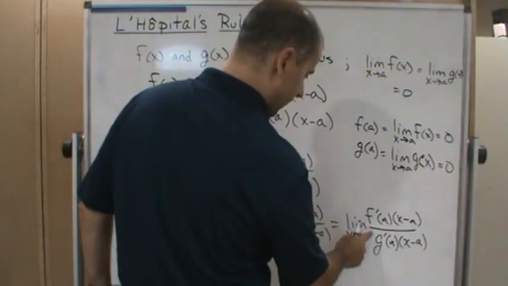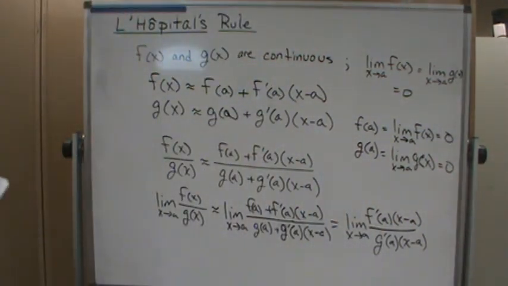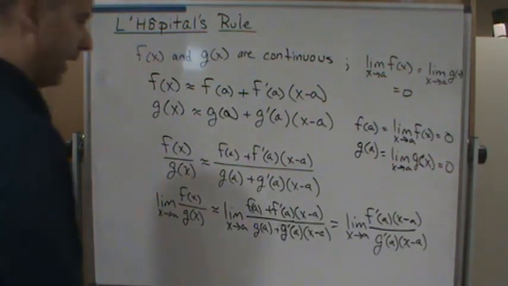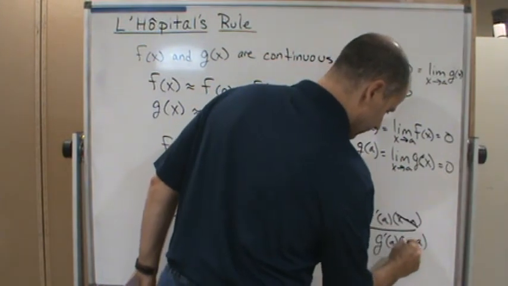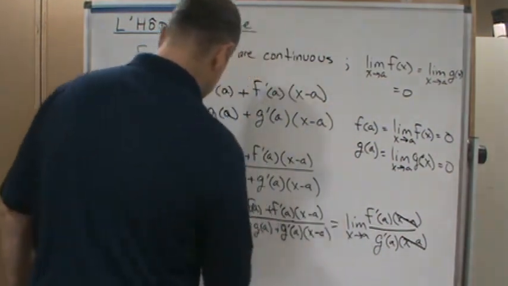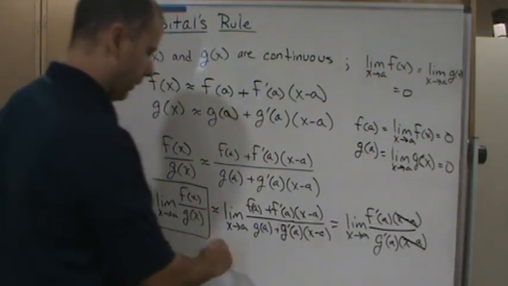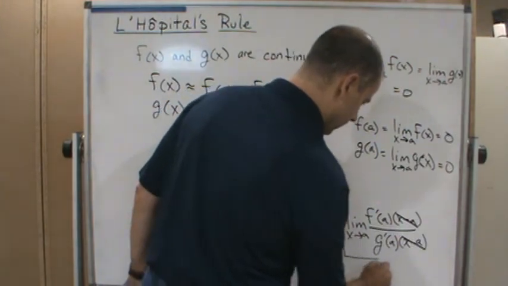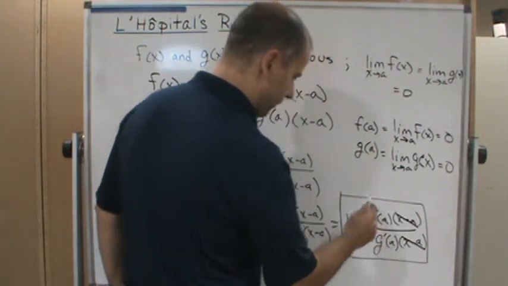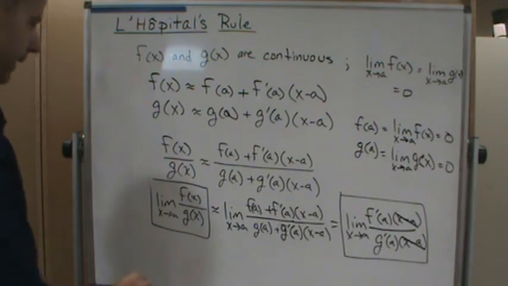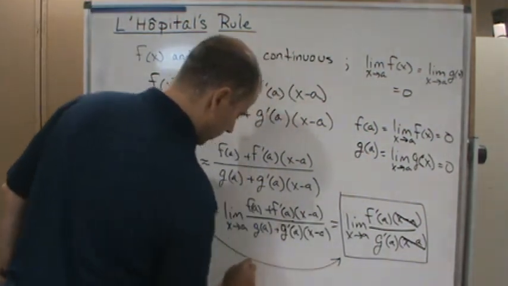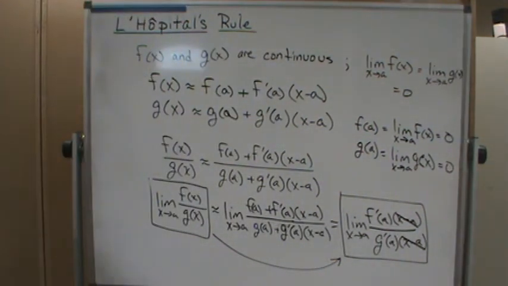So if these two are continuous, then we can conclude that these are going to cancel, and the limit that we started with is going to be approximately equal to the limit of the ratio of the derivatives of the two functions. And this is what we call L'Hopital's rule.